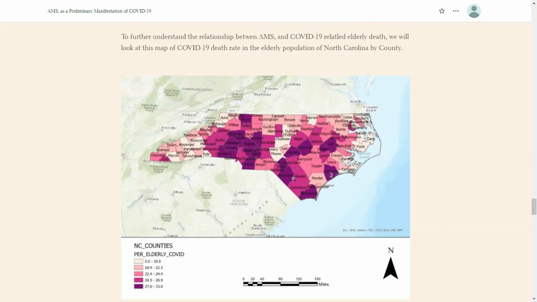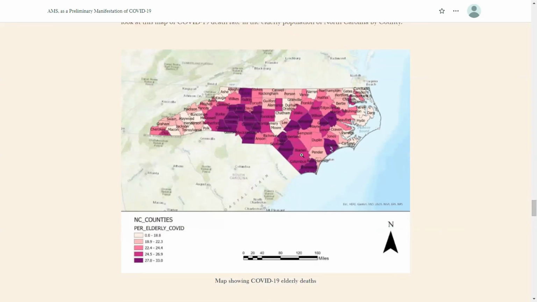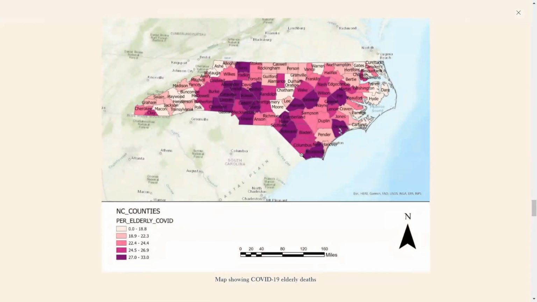This map also shows the distribution of the elderly population in North Carolina and those who died, with the highest number of deaths by COVID-19 in North Carolina. If we check this map critically, we'll see that these dark colors indicate the highest number of deaths by COVID-19 of elderly in the state of North Carolina.